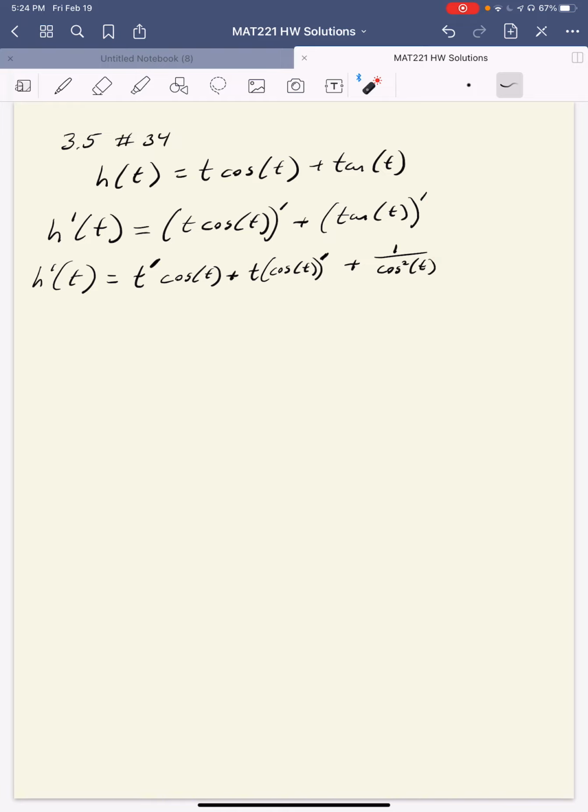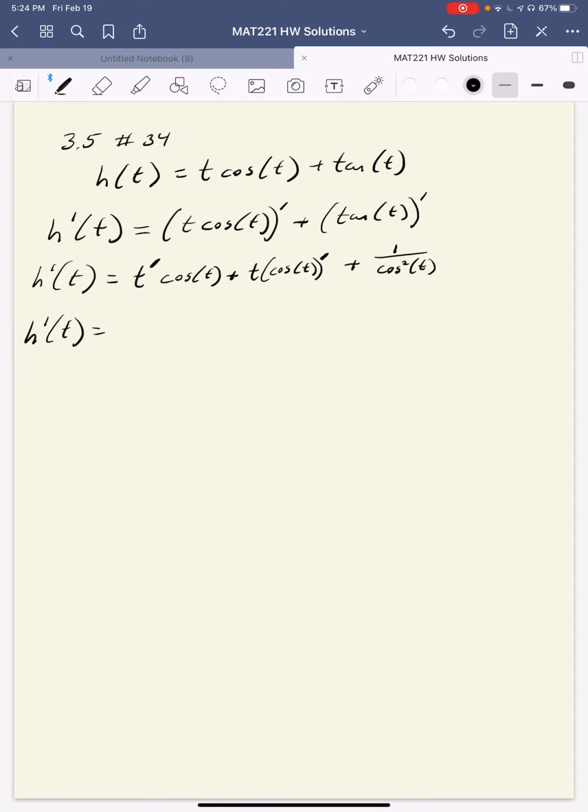So now I'm going to come back and finish up by taking the derivatives of these, and putting that in its final form. So I have h prime of t is equal to, now the derivative of t is just 1.